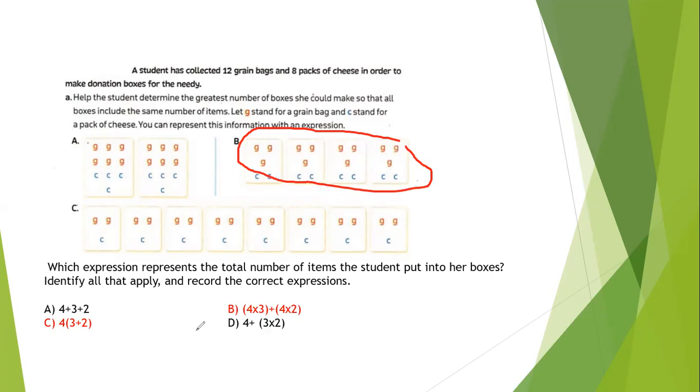Okay, so which answer is correct? It's number C. I have the GCF, or the number of bags, which is 4, and 3 from G and 2 from C. The same here: if I distribute 4 times 3, I can put it here, plus 4 times 2, it's here. So the answer is C and B.